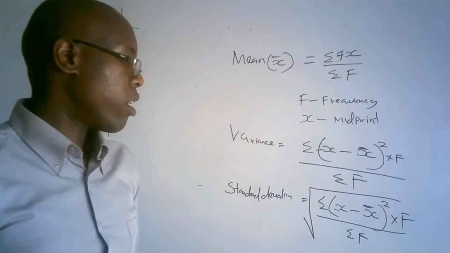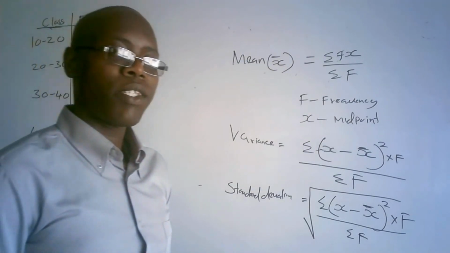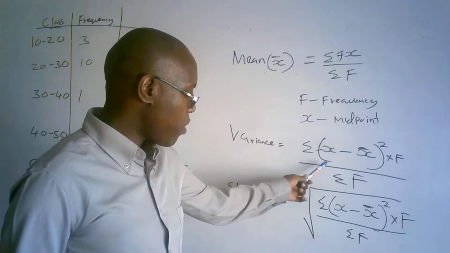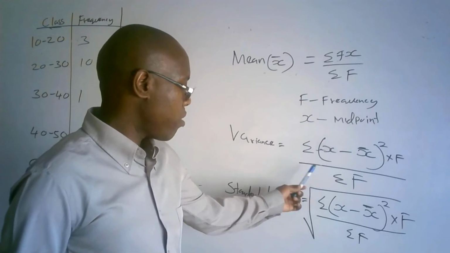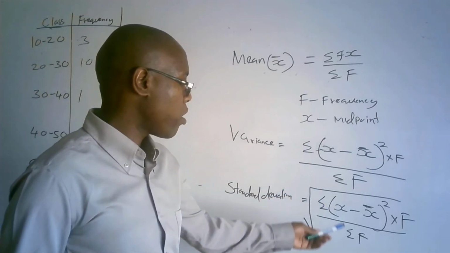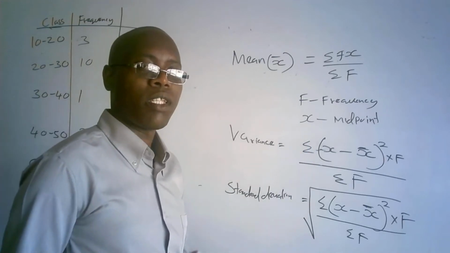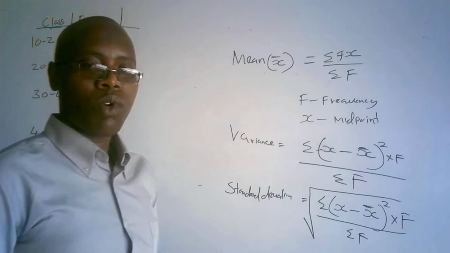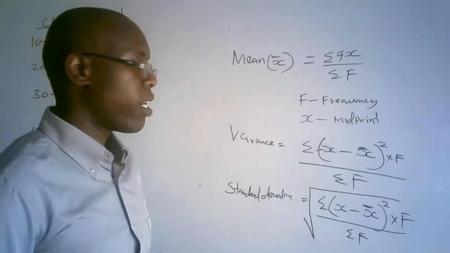If you relate the two formulas, you can see that they are somehow related. For the standard deviation, we just find the square root of the variance. The moment you find the square root of the variance, that is the standard deviation.